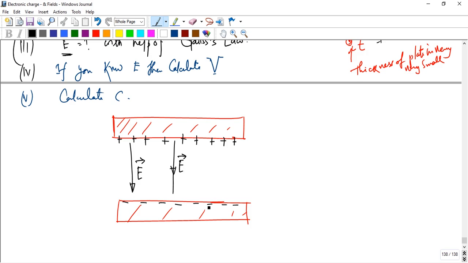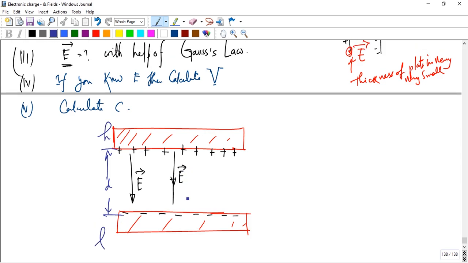The gap between these two plates is D. The top plate, the plus plate, is H, and the lower plate is L.